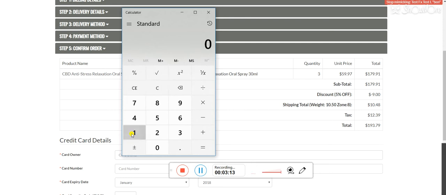So 179.91 minus 9 plus shipping 10.48 plus tax, which is 12.39. Wait, let me do that again. 179.91 minus 9 plus 10.48 plus 12.39.